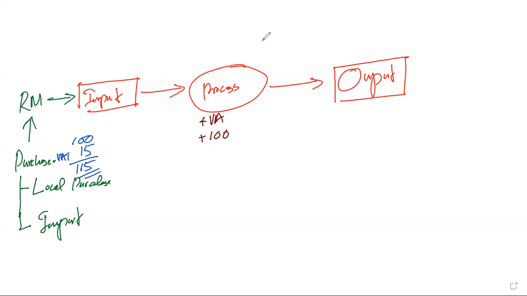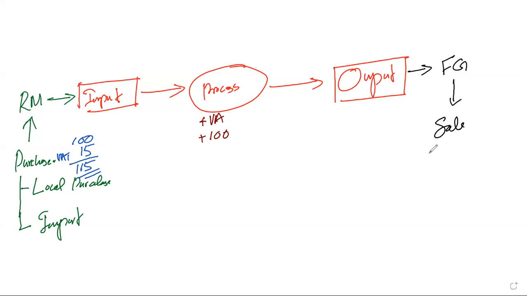Then your output would be your sales. You put input in, process it, and finally you end up with finished goods, which you will sell.